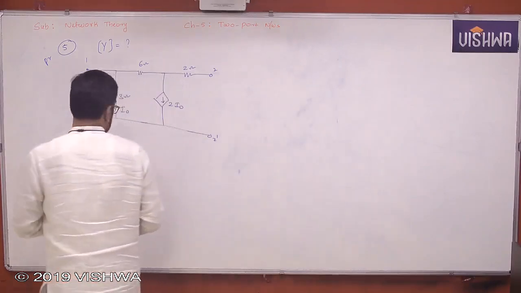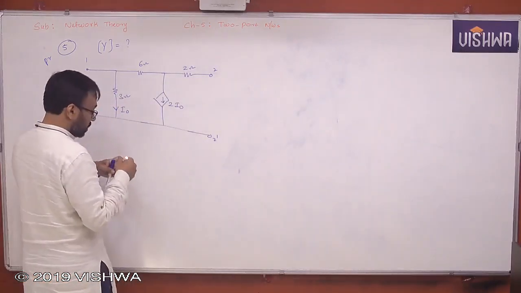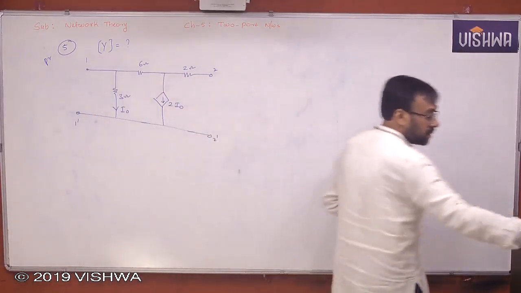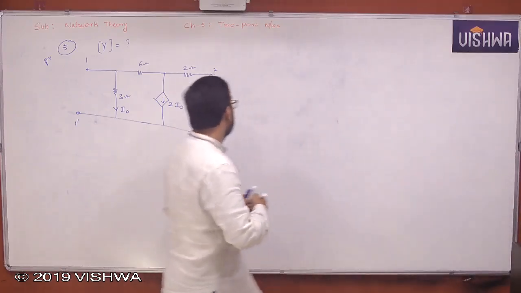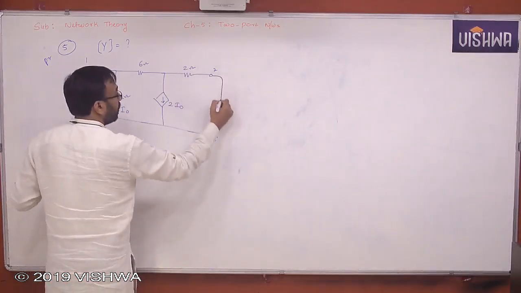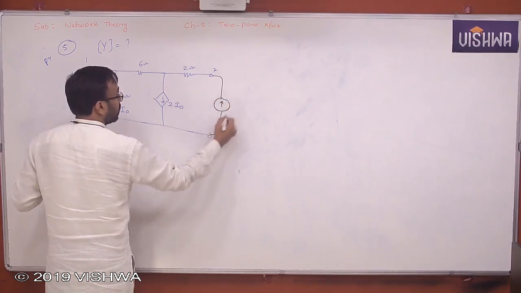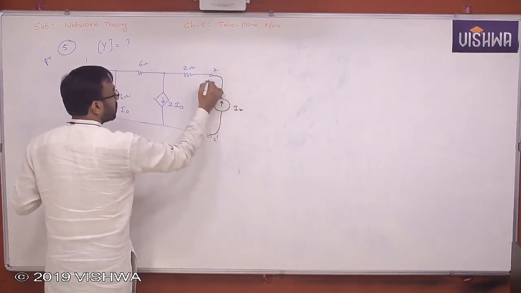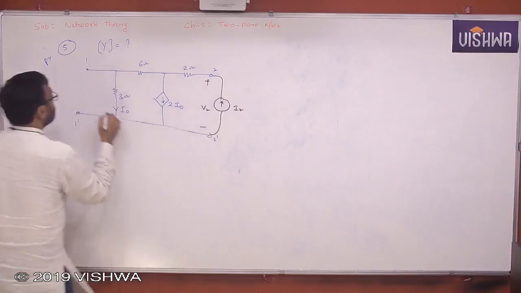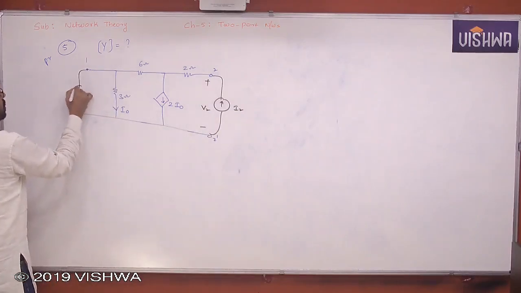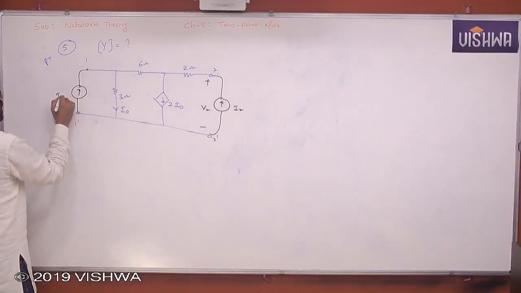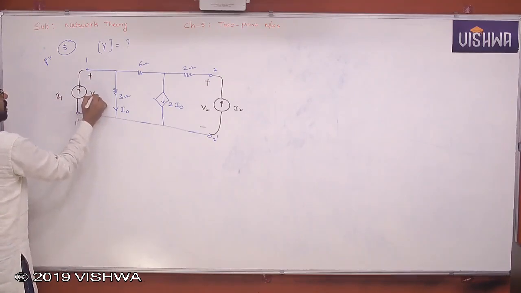Node analysis. Yes. So according to node analysis, you take the complete variables here. This is I2, this is V2. This is I1 and this is V1.